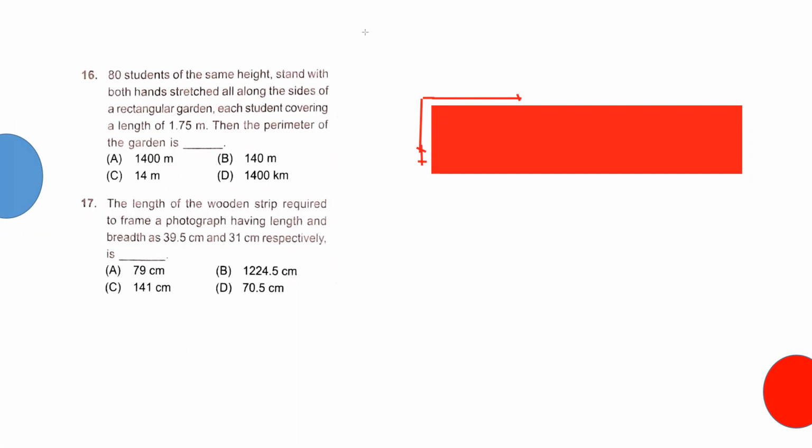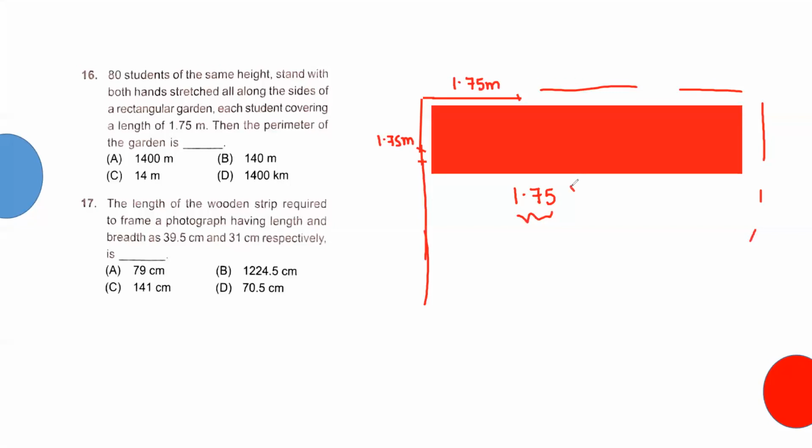This is not height, this is the length of the hands, and each student's stretch is given as 1.75 meter. They are standing along a rectangular garden, both hands stretched along the sides, continuing all around. So how many students? One student covers how much?